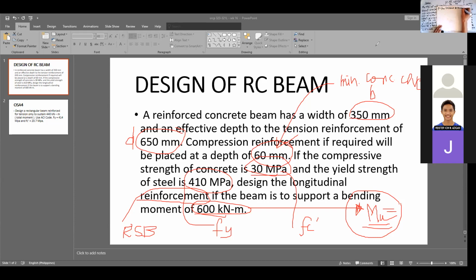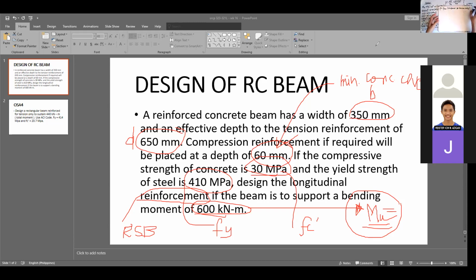If in any case, the steel concrete ratio actual is more than rho maximum, then that means we need to reinforce the section for both tension and compression members.